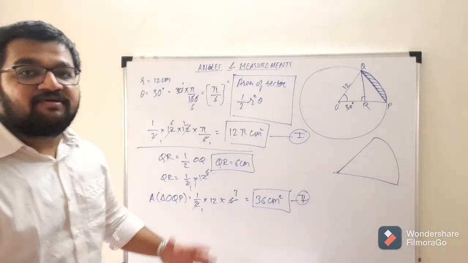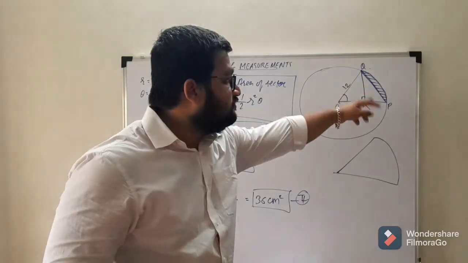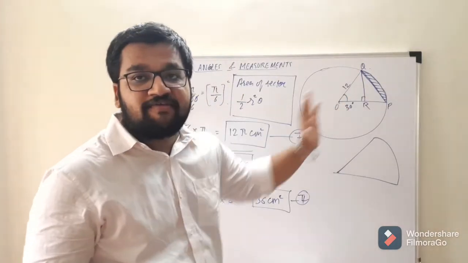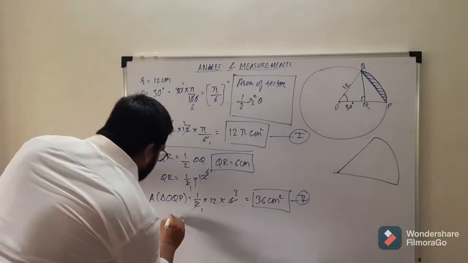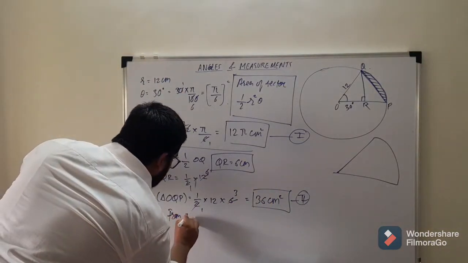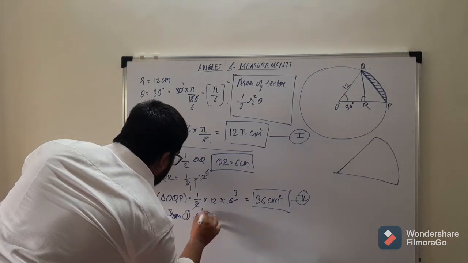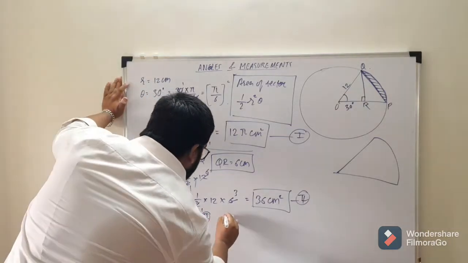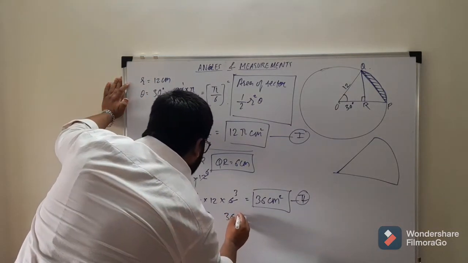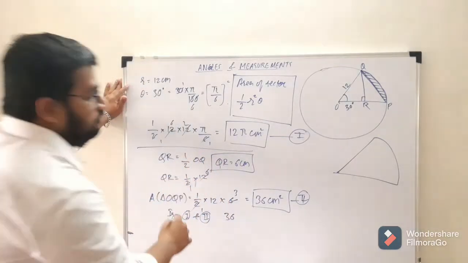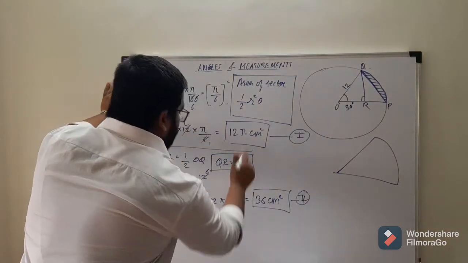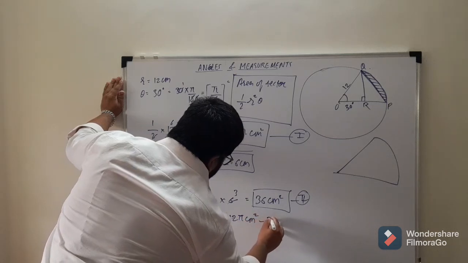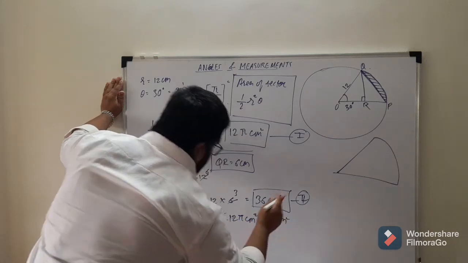So as we considered earlier, to get the hatched portion's area, we have to subtract the area of triangle from the area of the sector. So from 1 and 2, we can say that the area of the hatched portion will be, the area of the sector is 12 pi centimeters square minus 36 centimeter square.